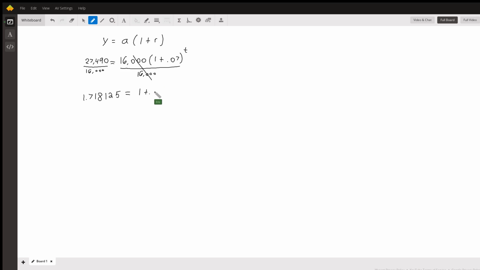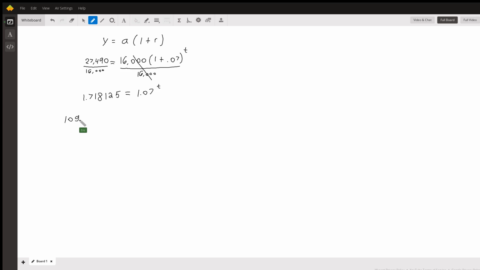We should actually simplify this one step further. I forgot to do this part. You want to write this as 1.07 to the t. Now, since we can't get like bases, we're going to take the log of each side of the equation.